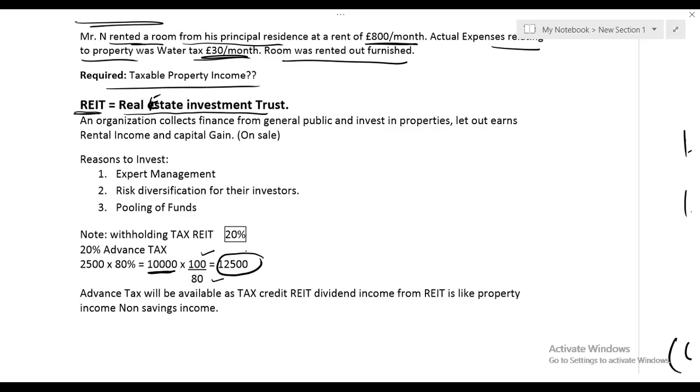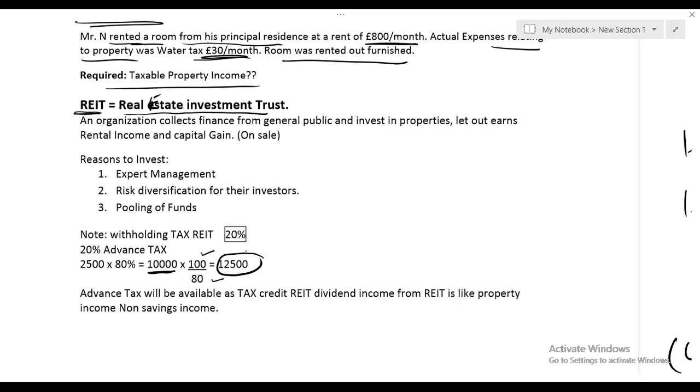Now obviously the question comes to your mind: sir, actually we have received 80%, so why are we working on the gross amount? The rule says you have to work on the gross amount, and after calculating the income tax liability on the gross amount, whatever your income tax liability comes to, you have to deduct the tax which you have already paid. Actually, you have already paid 20% tax.